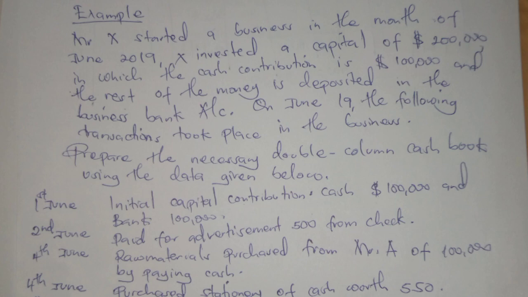Then on June 19th, the following transactions took place in the business, and they want us to prepare the necessary double column cash book using the data given below. So we are going to prepare a double column cash book.